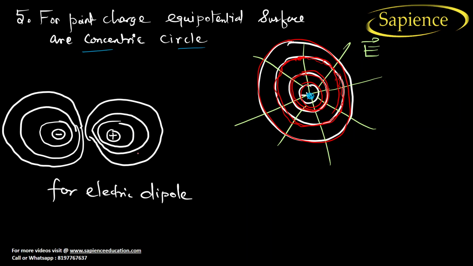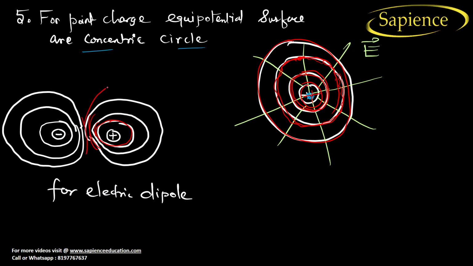Now for an electric dipole, see here, what does an electric dipole mean? Separately this is positive and this is negative. So it will also create concentric circles, but it is a dipole. If the strength is strong, we have already discussed, the surfaces are nearer.